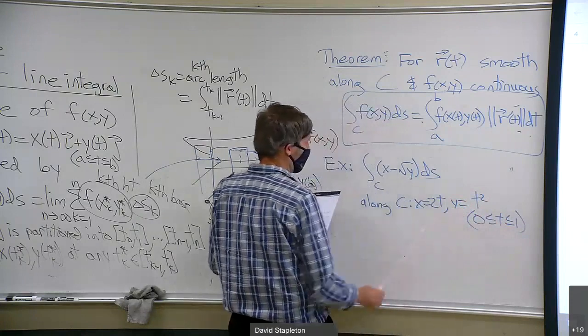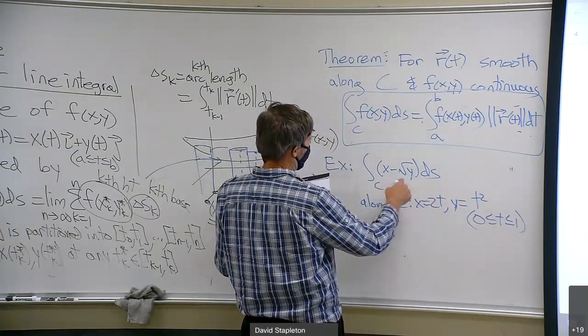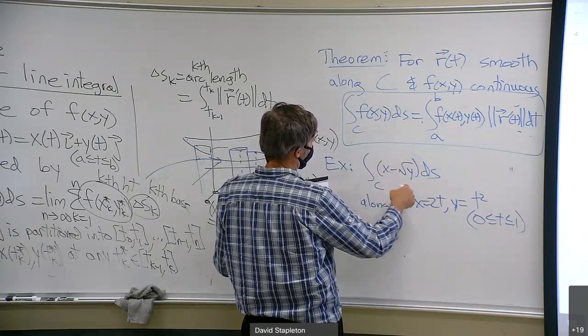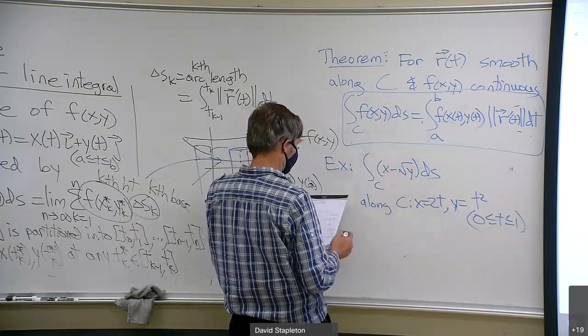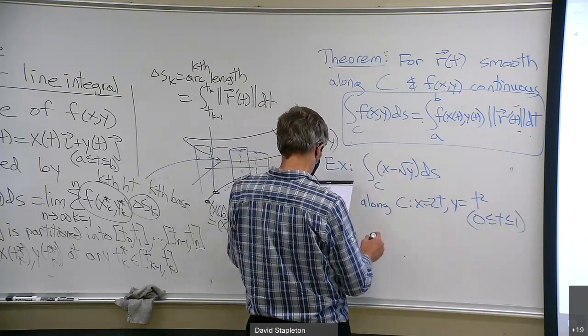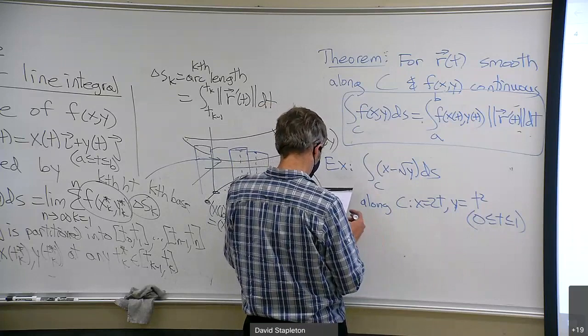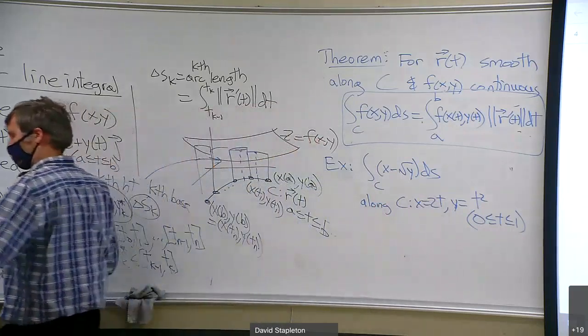So this curve is a parabola, if you think about it. And I integrate along the parabola, the area below the surface z equals x minus square root y. And let's do it for t going from 0 to 1. Okay. How about that?